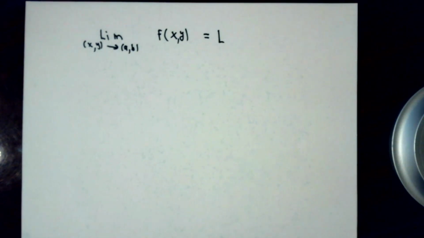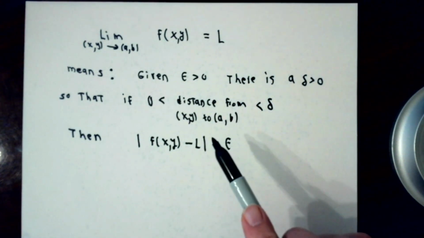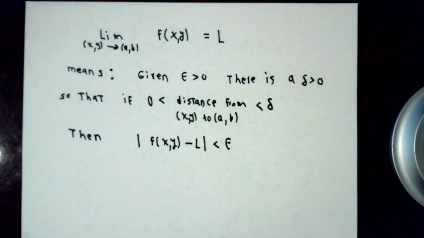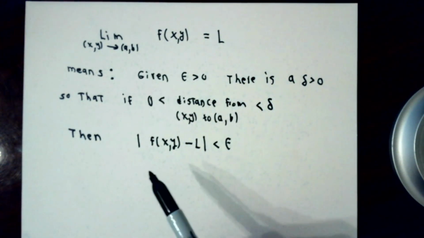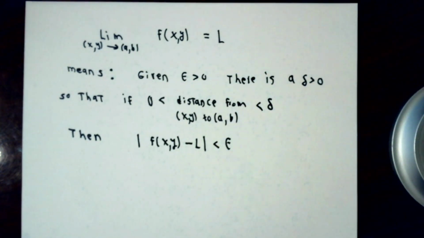I'm going to write down the same definition. Given a positive number epsilon bigger than 0, there's going to be a positive number delta, which may depend on epsilon, so that if the distance from xy to ab is bigger than 0 but smaller than delta, which means I'm close to but not right at a comma b, then the difference between the function value and this L number will be less than epsilon.